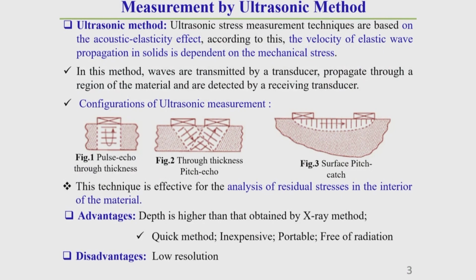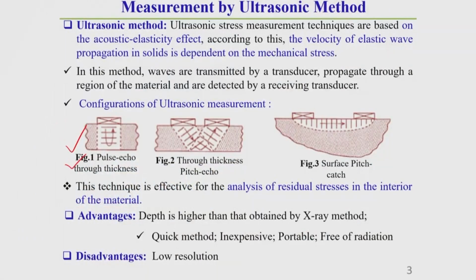There can be different types of configuration of the ultrasonic measurement technique. Here I have shown that through thickness we can do the measurement by pulse echo, generally called through thickness pulse echo. One thing you should keep in mind: this ultrasonic wave generally propagates through solids.